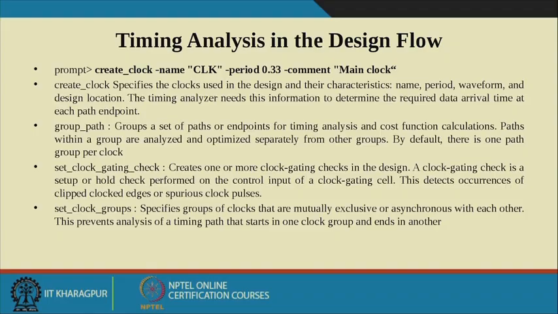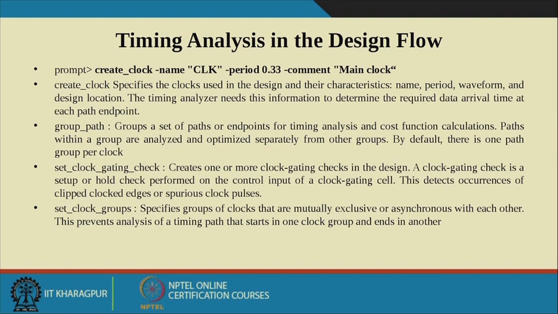I think I already said this: for creating a clock you have to mention create_clock with the name, then the period. If you are using multiple sources in your design, you have to mention that this clock is the master clock of your design.